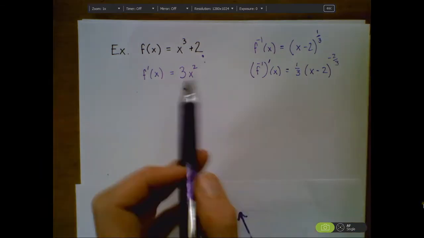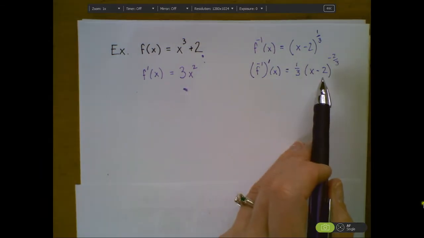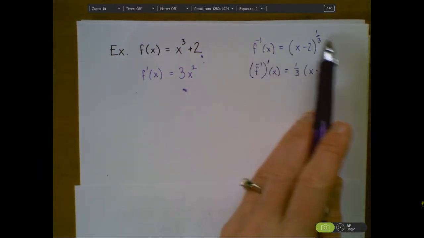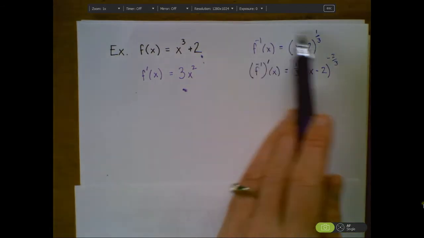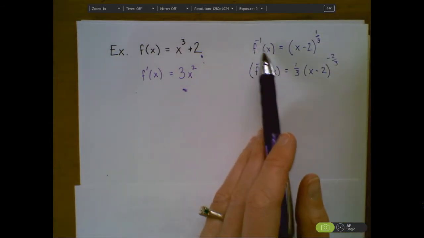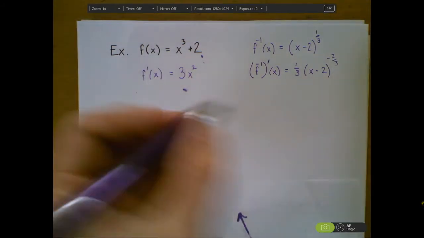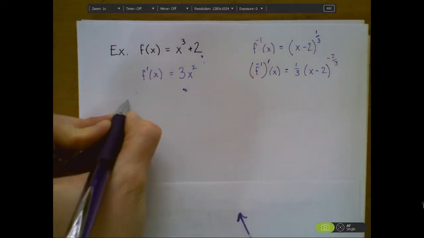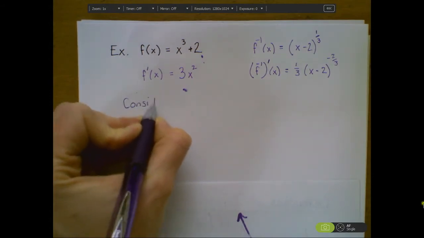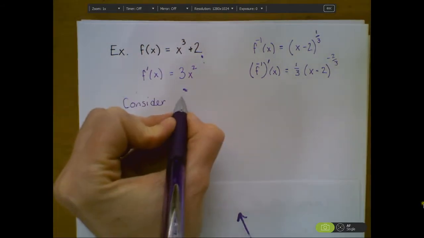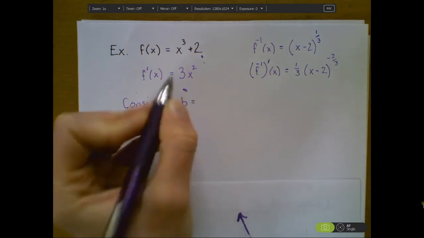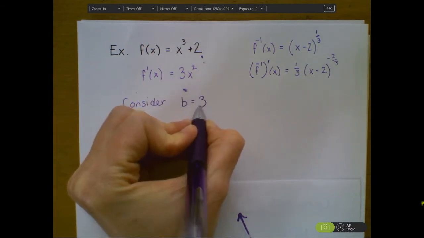So why are these reciprocals of one another? Let's go ahead and analyze what the derivative of this function is at a particular point in space. Let's let our b value in this case be equal to 3.